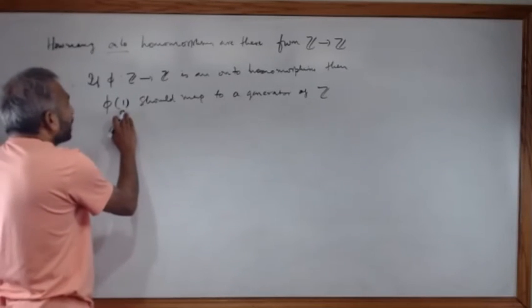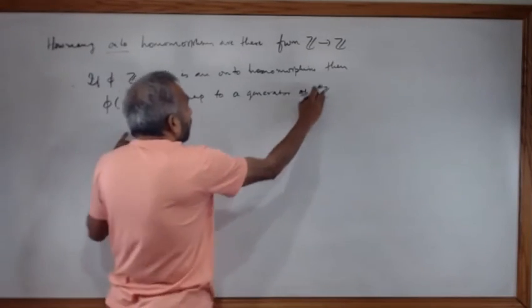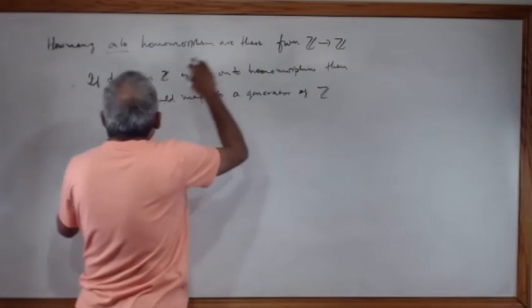If this is not a generator of this Z, then it cannot be onto.